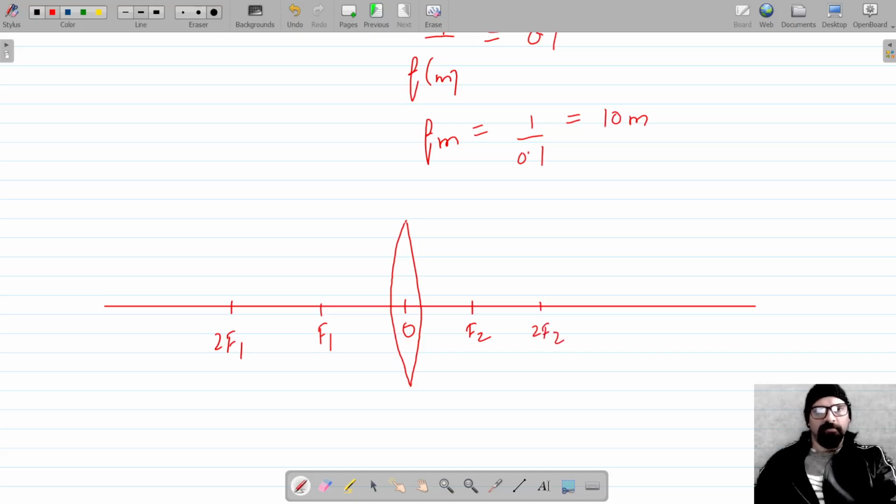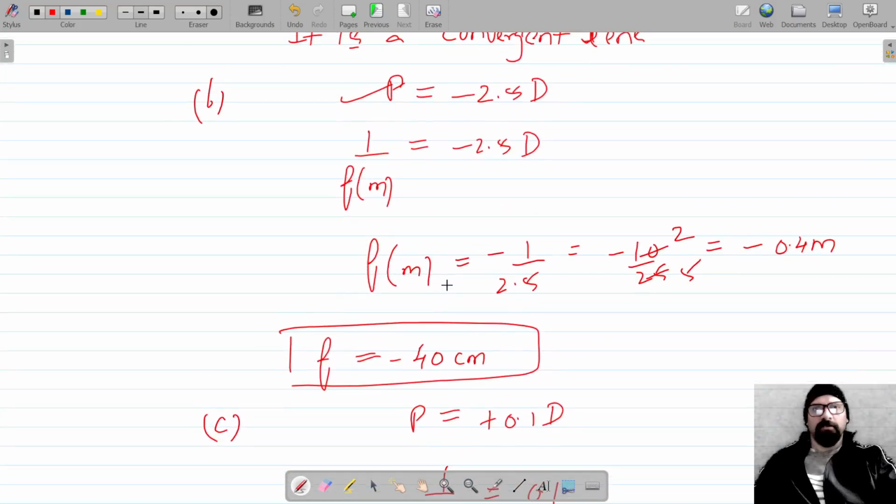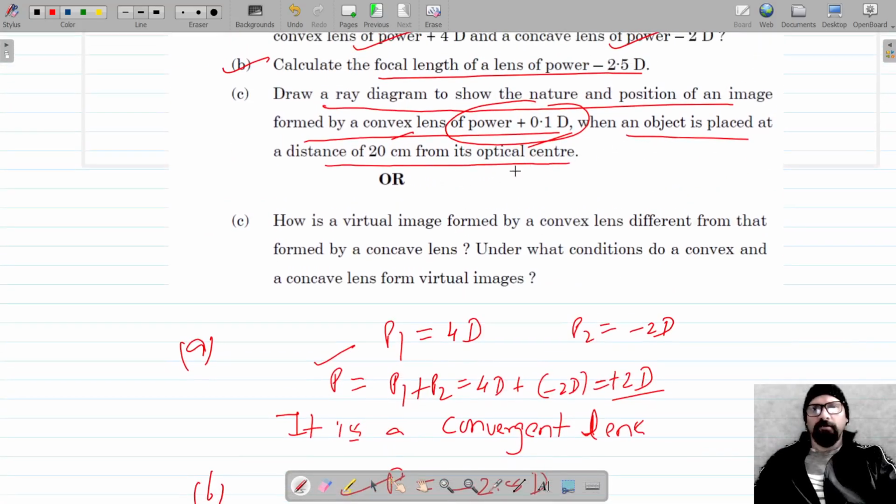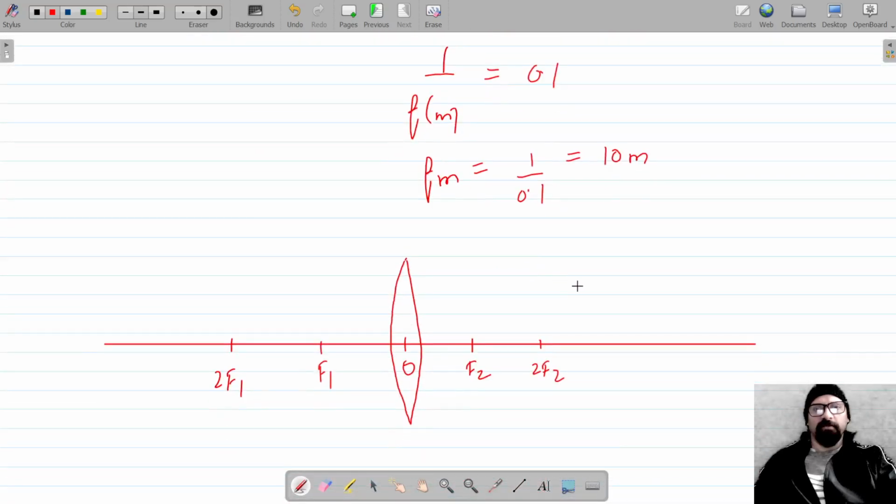The object is placed between the optical center and the focus, at a distance of 20 centimeters. So this is where the object is placed, and we denote the object by AB.